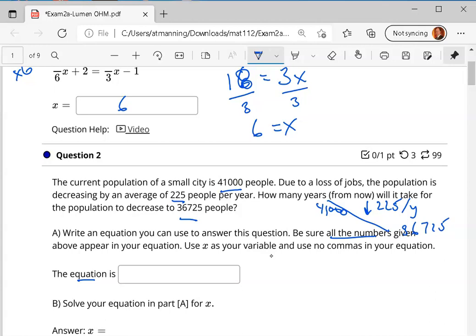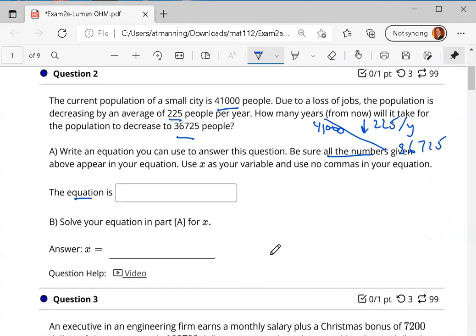Well, let's put the equation in. Population is 225 people a year. Alright, so the equation we're looking for, something to do with population and number of years. So let's see here.